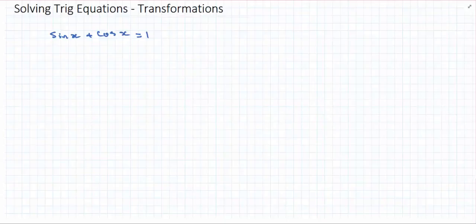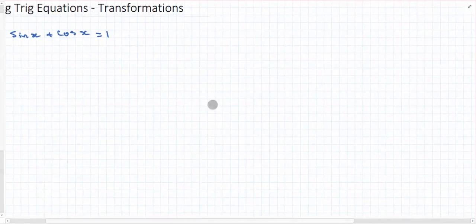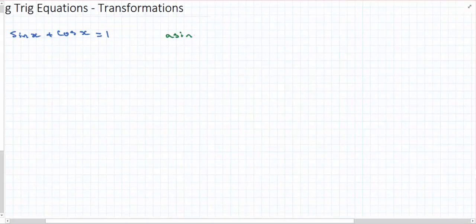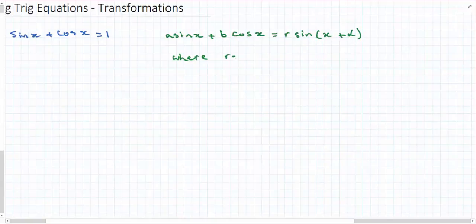In this case, the transformation that's required is this particular one, where if I have a sine x plus b cos x, then that is the same as r sine x plus alpha, where r is the square root of a squared plus b squared, and alpha is inverse tan of b on a.